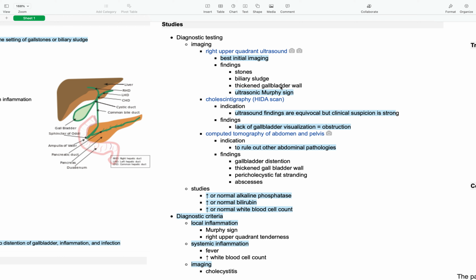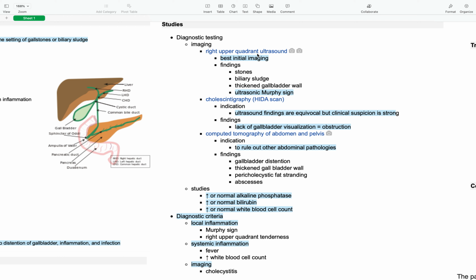Now, what is classic is the ultrasonic Murphy sign. So when you put the probe on the right upper quadrant, the patient experiences pain. So that is exactly what the ultrasonic Murphy sign is.